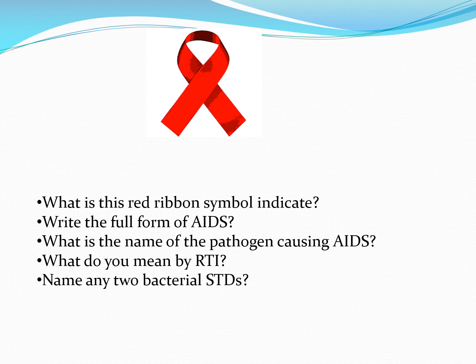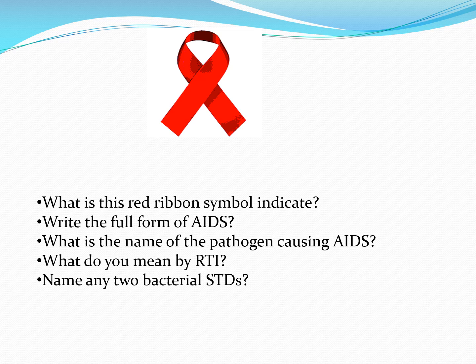Second question, write the full form of AIDS: acquired immunodeficiency syndrome. Third question, what is the name of the pathogen causing AIDS? AIDS is caused by HIV, human immunodeficiency virus.